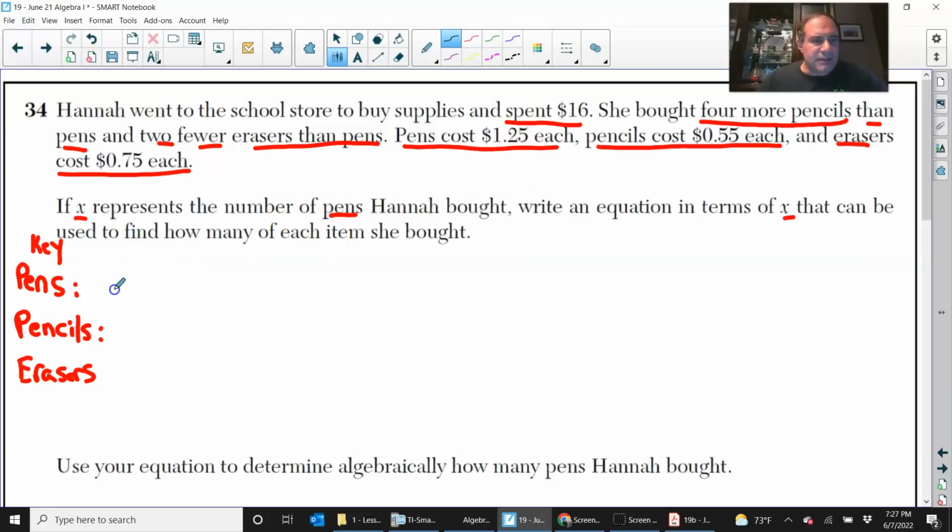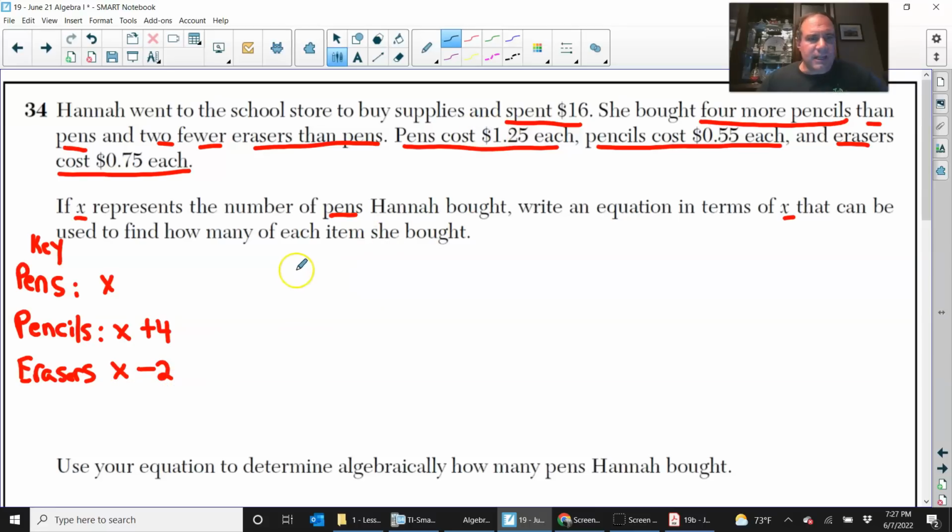So pens is the X, right? So we're starting at X. She bought 4 more pencils than pens. 4 more means X plus 4. 2 fewer erasers than pens. So we have that. All right.